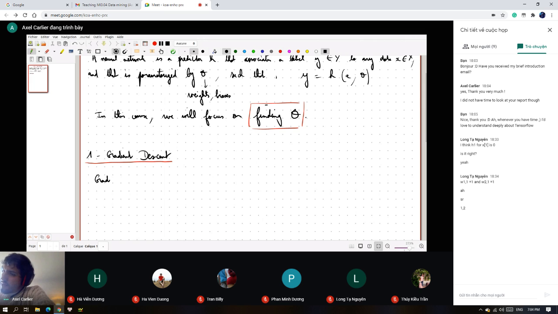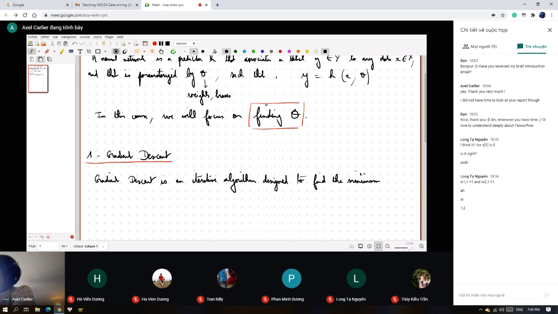Gradient descent is an iterative algorithm designed to find the minimum of a function, which we call j of theta.